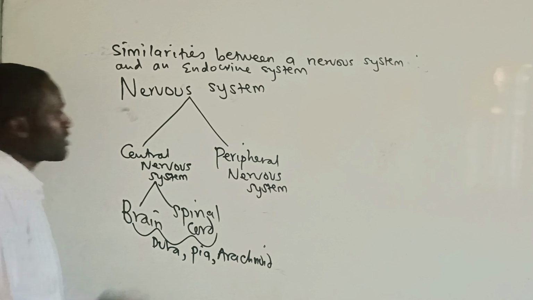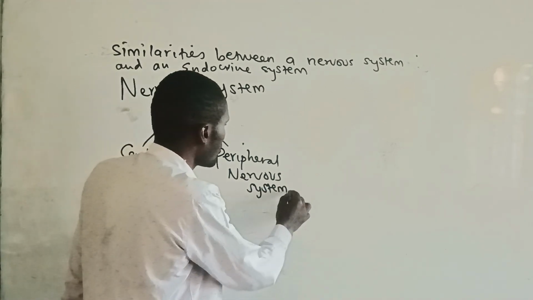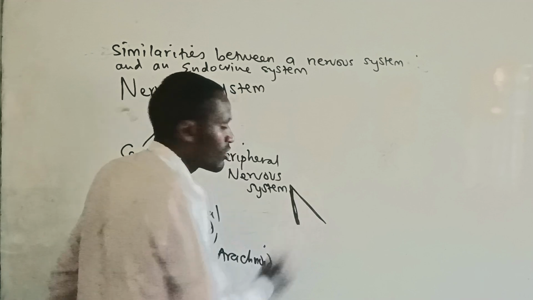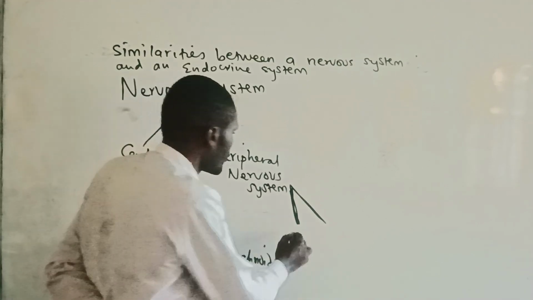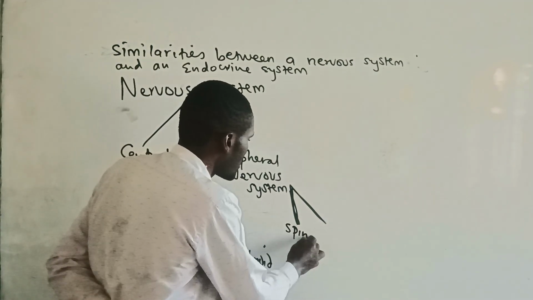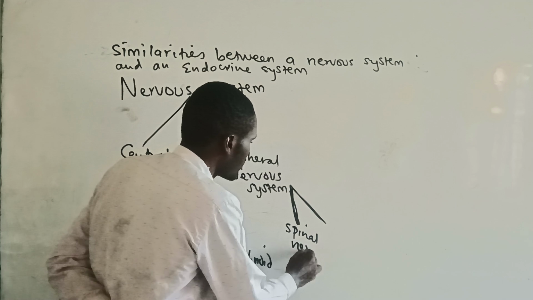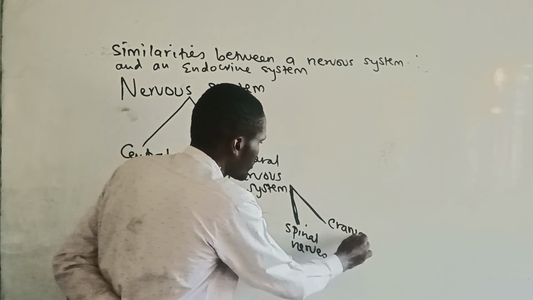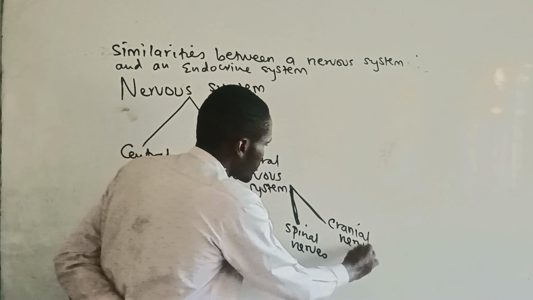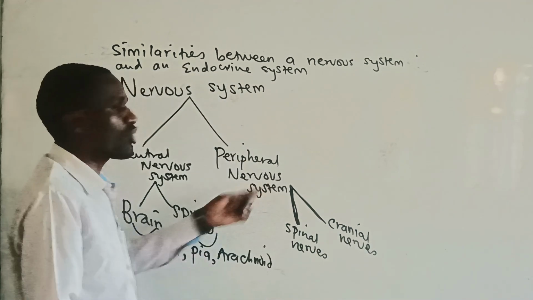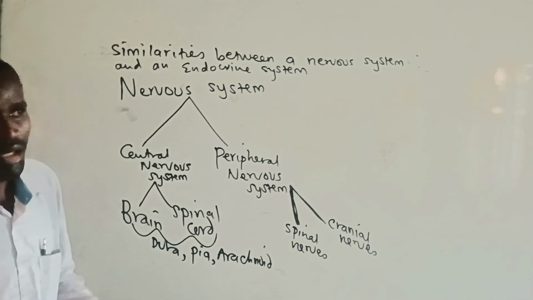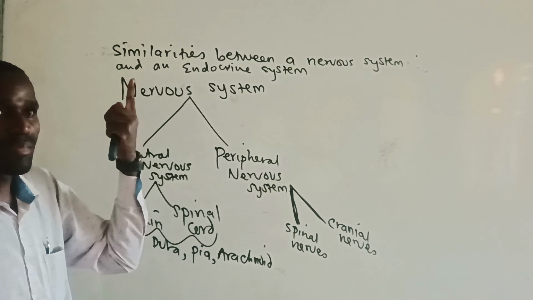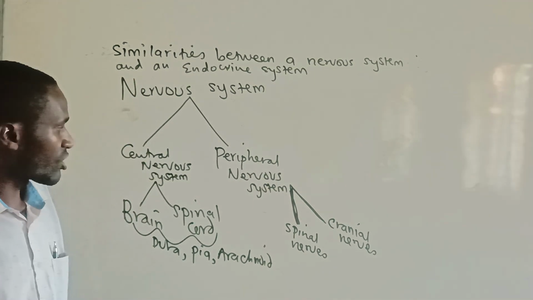Okay, and if someone talks about the peripheral nervous system, we should be referring to a very important part of the nervous system, which will consist of the spinal nerves and the cranial nerves. And of course, the spinal nerves are concentrated along the spinal cord, mediating between the brain and the posterior end of the body.